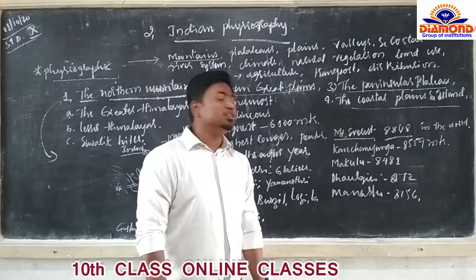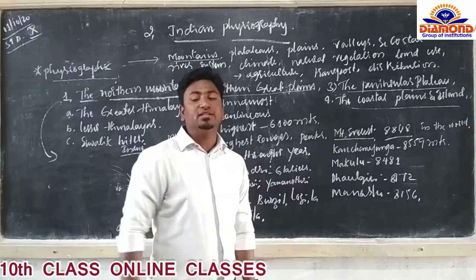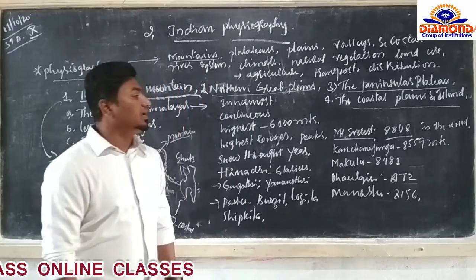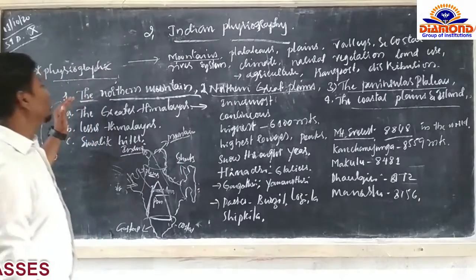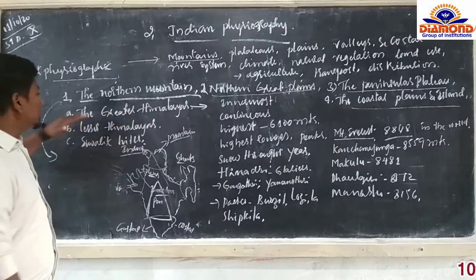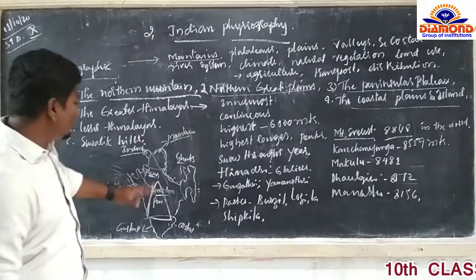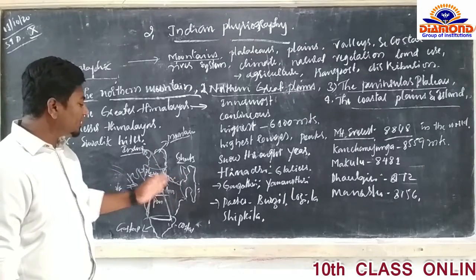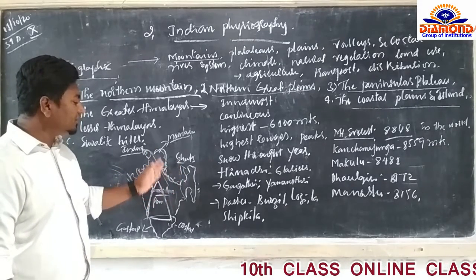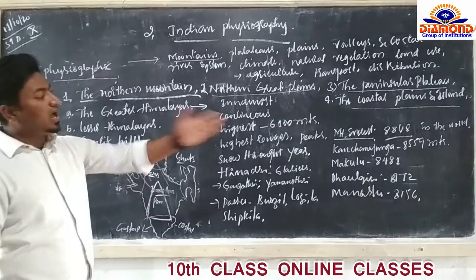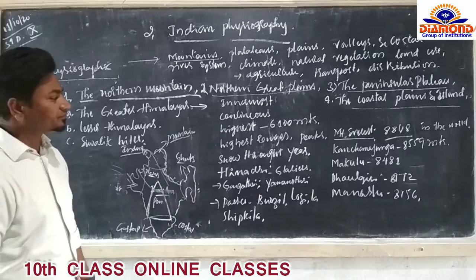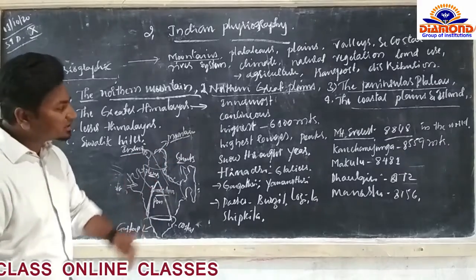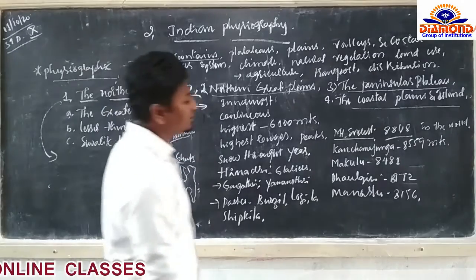We call this the world's highest range. It is attached to the Indian physiography of the northern mountain ranges, in the Greater Himalayan part of our country, towards the highest peaks, Mount Everest and K2.